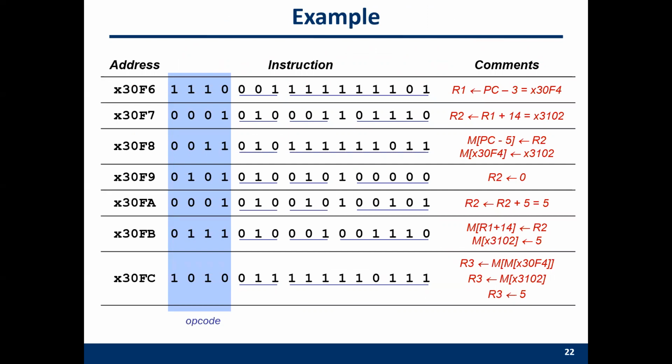And then the instruction can be read like this. Totally, each instruction has 16 bits. And the most significant 4 bits are the opcode. By looking at the opcode, you can know the type of the instruction.